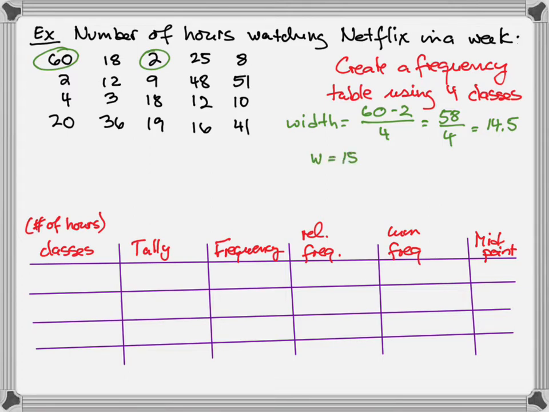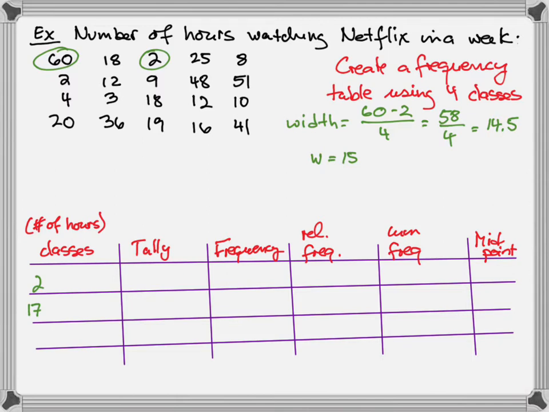Okay, now we can complete our frequency table, which means now we have to fill out our classes first. We're starting with the smallest data value, which in this case is 2, and to that 2, we're going to add our width 15. That gives you the next lower limit of 17. Now you're going to add 15 again.